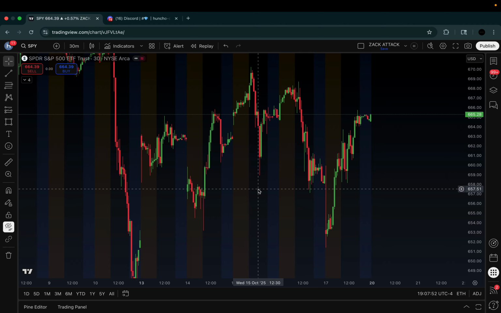Even though it looked pretty nice on the 3 minute on the smaller time frame, unless you're scalping, it's probably not the best level to have, especially if you're looking for trend plays and nice range plays from the bottom to the top. We're talking about previous day high and such. So if that makes sense, but yeah, guys.